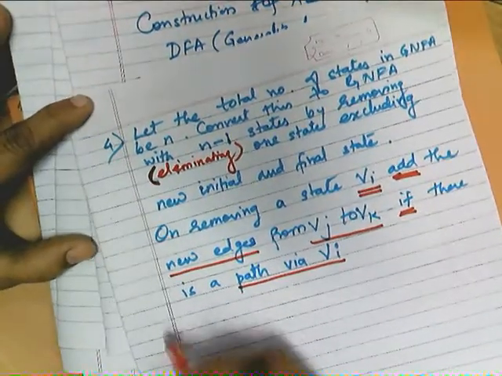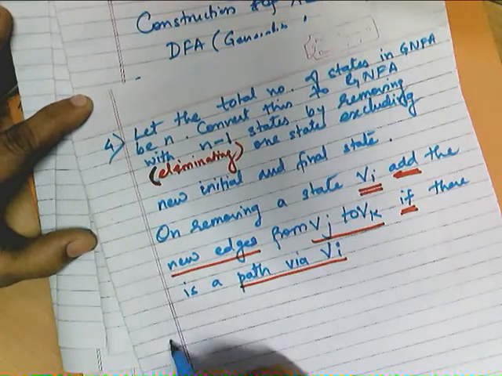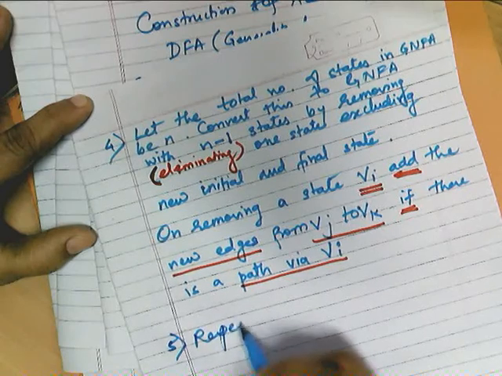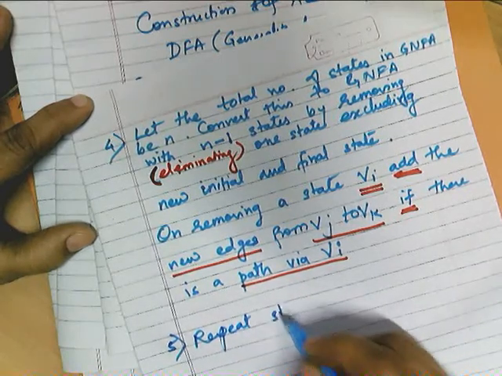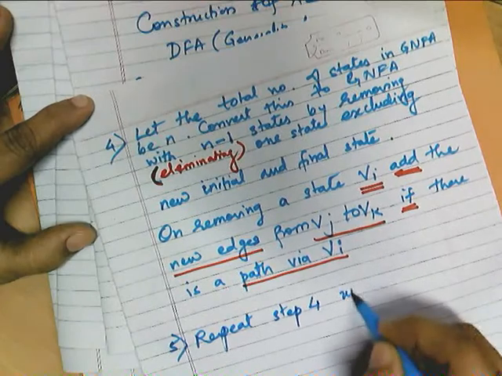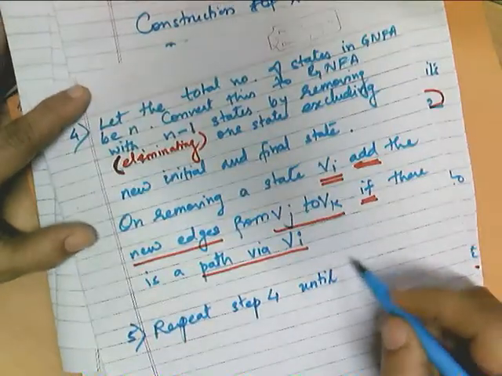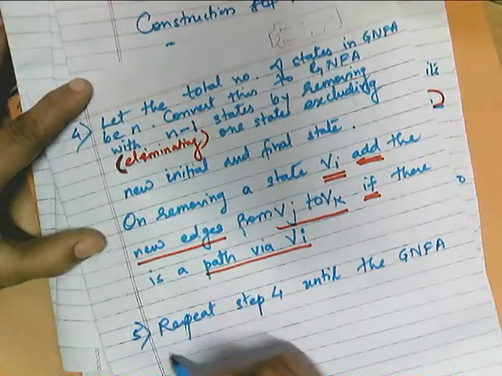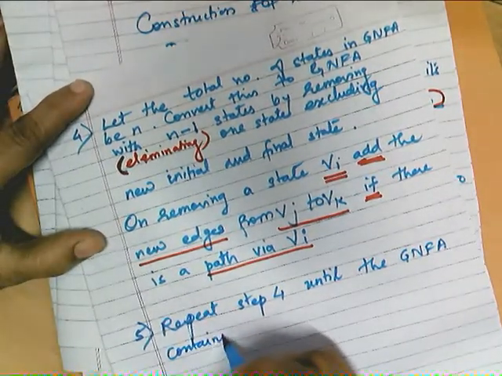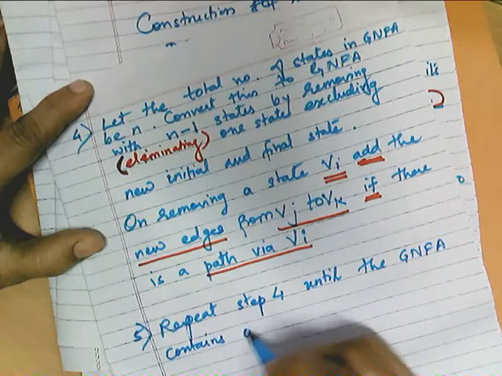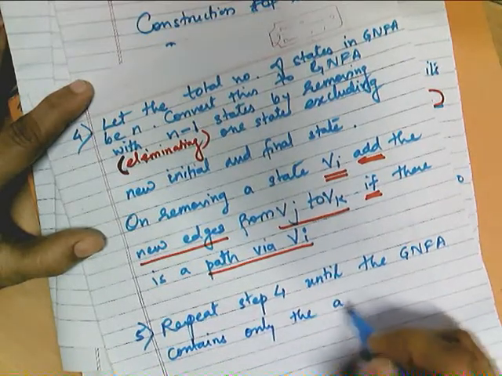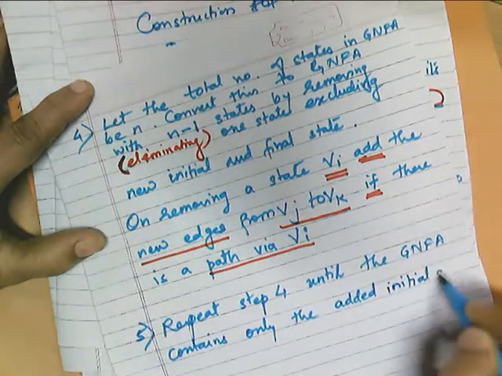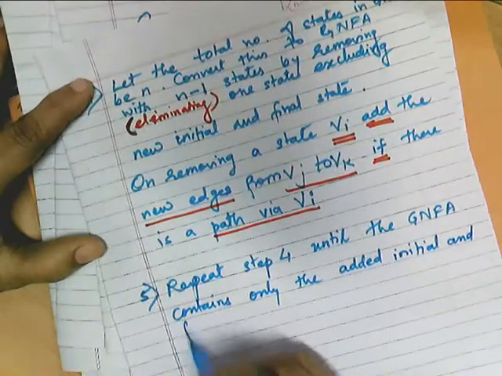Now fifth is, repeat step 4 until the GNFA contains only the added initial and final states.